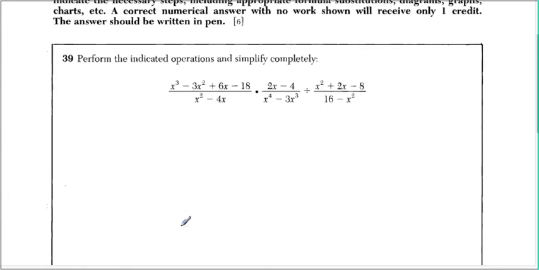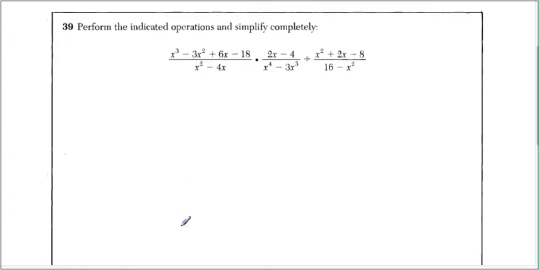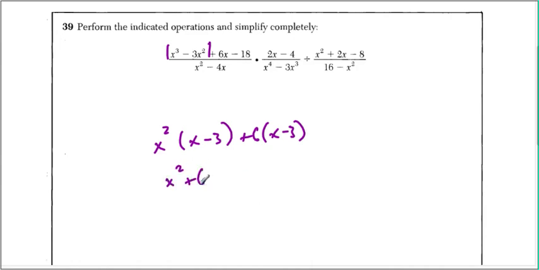Alright. Factor. Alright, we're going to group these. Group this, group that. So we have x squared, x minus 3, plus 6, x minus 3, giving us x squared plus 6, x minus 3.